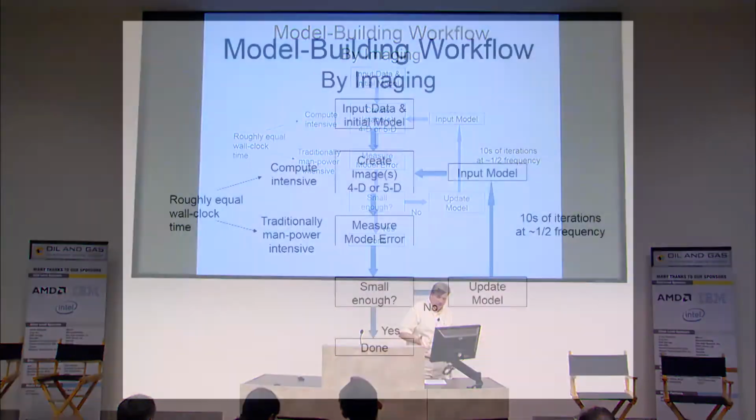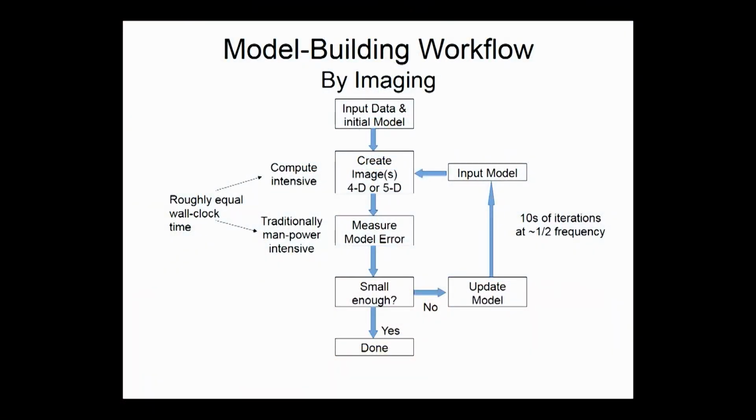Okay, so far I've been talking about the imaging just by itself, as if you only would do one image given the data that you've got. In actuality, our imaging and model building workflow is a very iterative process. We take the input data and our initial model, and calculate not just one image, but a number of images that's related to the redundancy that we have in the input data.